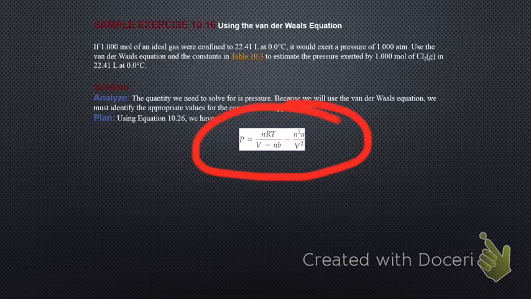So let's go back and I want to actually explain how they got to this equation, how they got to this point, okay? So let's just go back to look at that.